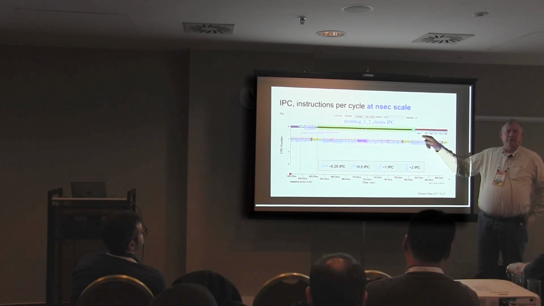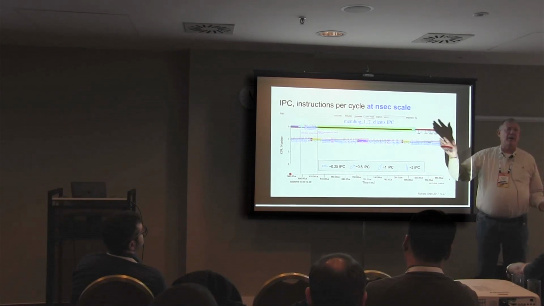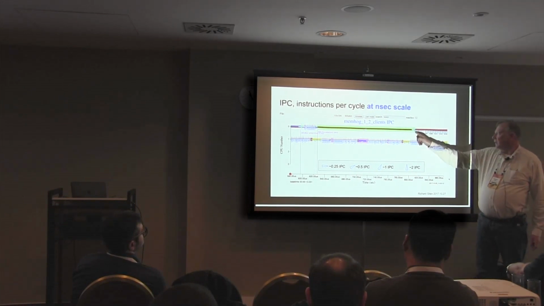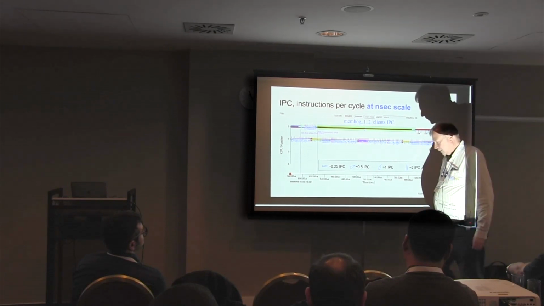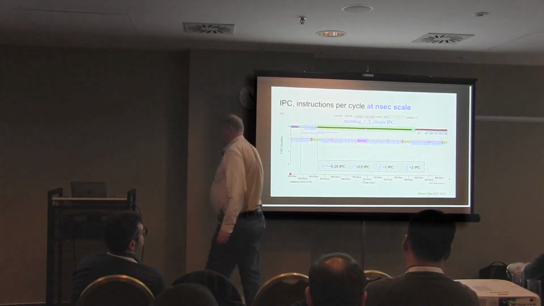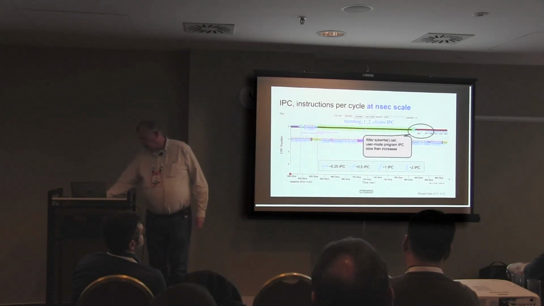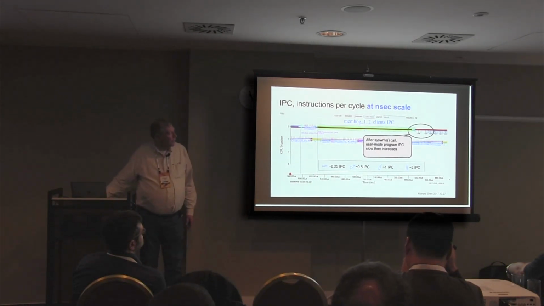I've never seen that edge before. Probably we're taking lots of cache misses after we come back from the operating system. Well, yeah, now you can see them. They're not as big a deal as I thought they were.